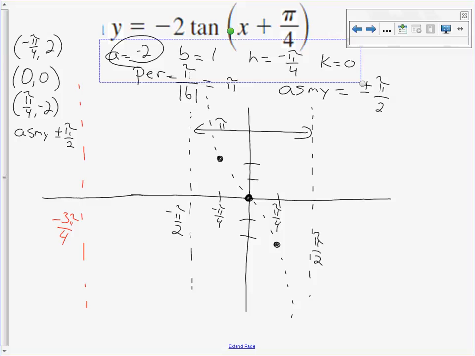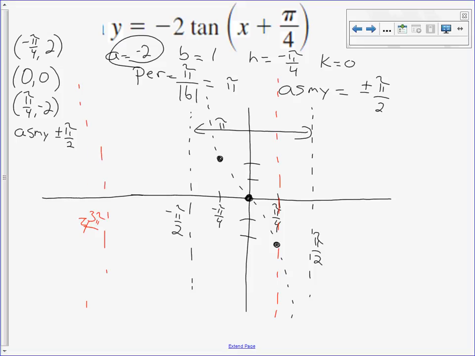Now go to the other asymptote. The other asymptote was at pi over 2. If I take 1/2 and I subtract a 4th, what do you get? You get pi over 4. So now your other one is here. It looks a little way off the scale, so I'm just going to move it a little bit.